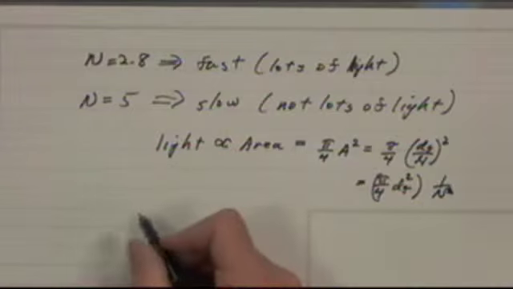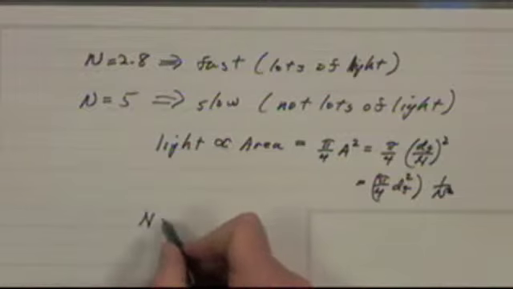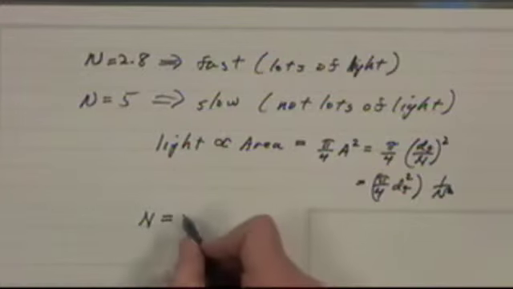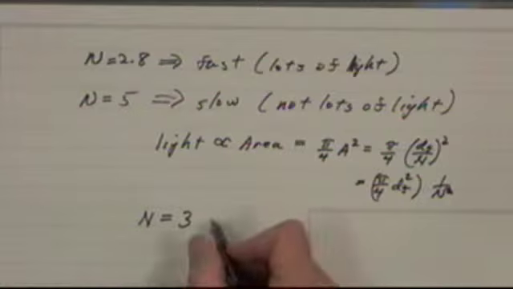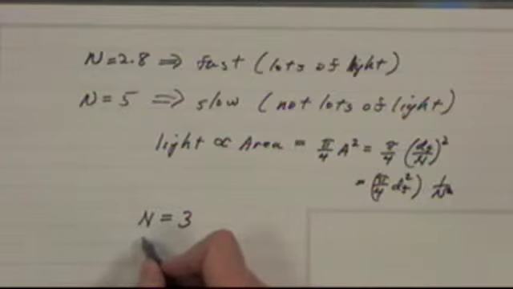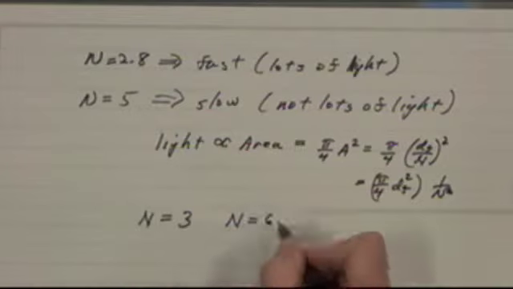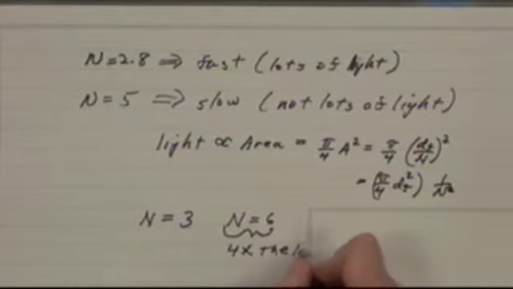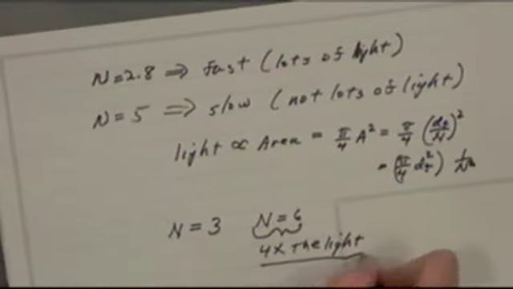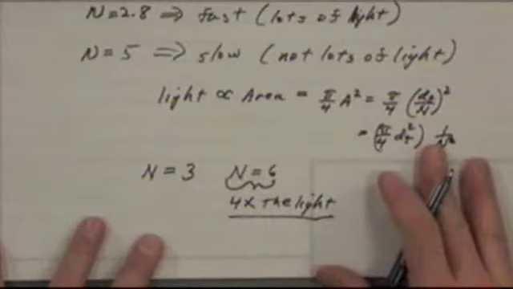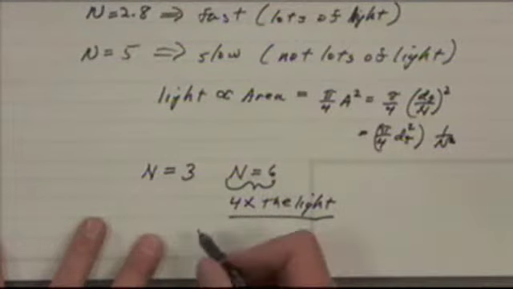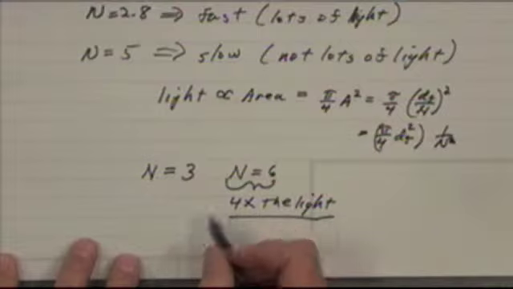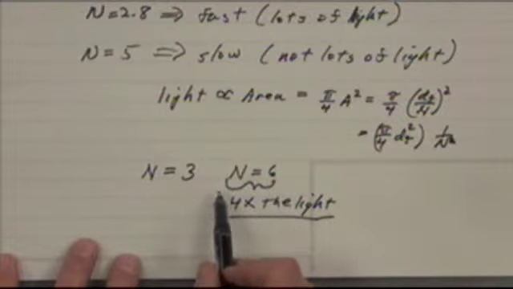So if you have, say, n equals 3, and you go from that to n equals 6, this is 4x the light. That's why if you buy lenses, they'll go up in roughly increments of the square root of 2.